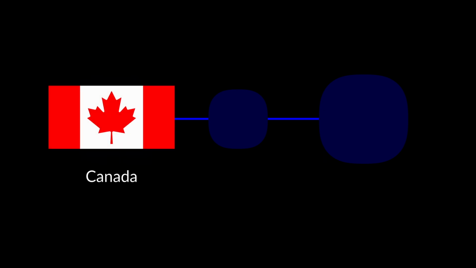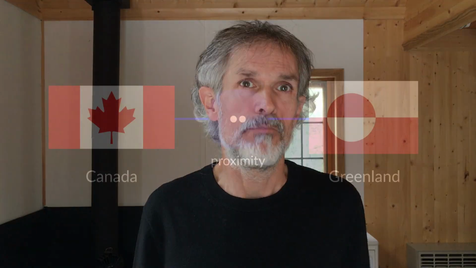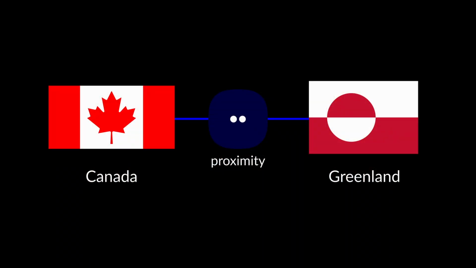The 2 nodes connected by this hyperedge are, of course, the node representing Canada and the node representing Greenland. But there's a third node along the hyperedge, representing the concept of proximity. What this hyperedge tells us is that Canada is close to Greenland. This is a symmetrical relationship. Canada is close to Greenland, and Greenland is close to Canada. It goes both ways.